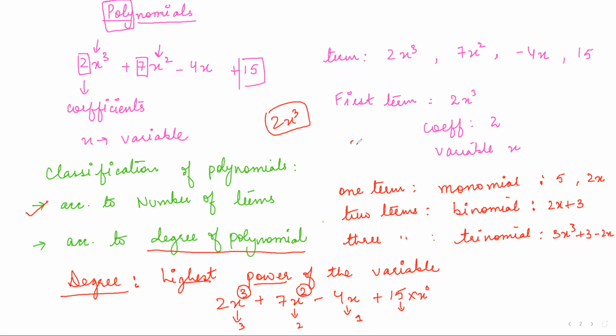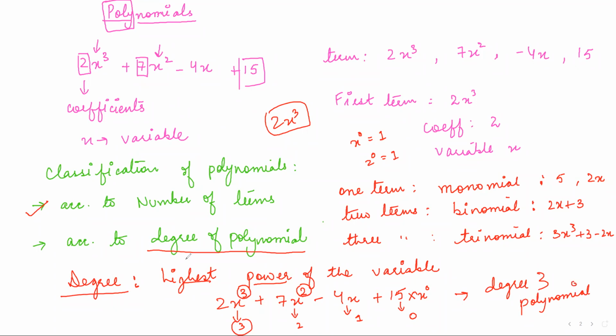When something is raised to the power 0, the answer is 1, like 2 to the power 0 is 1. So the degree of x in this term is 0. Which term has the highest degree? This is 3. So this is a degree 3 polynomial. Understood? Yes, ma'am.